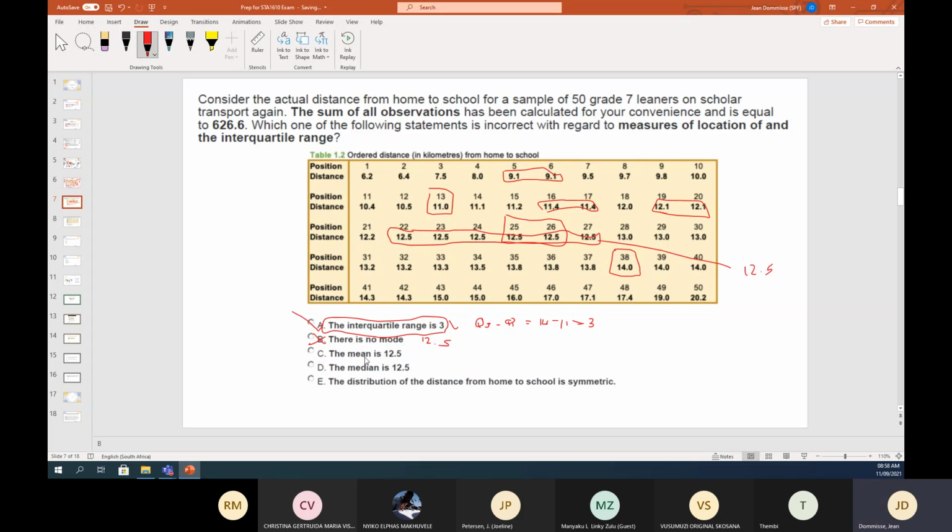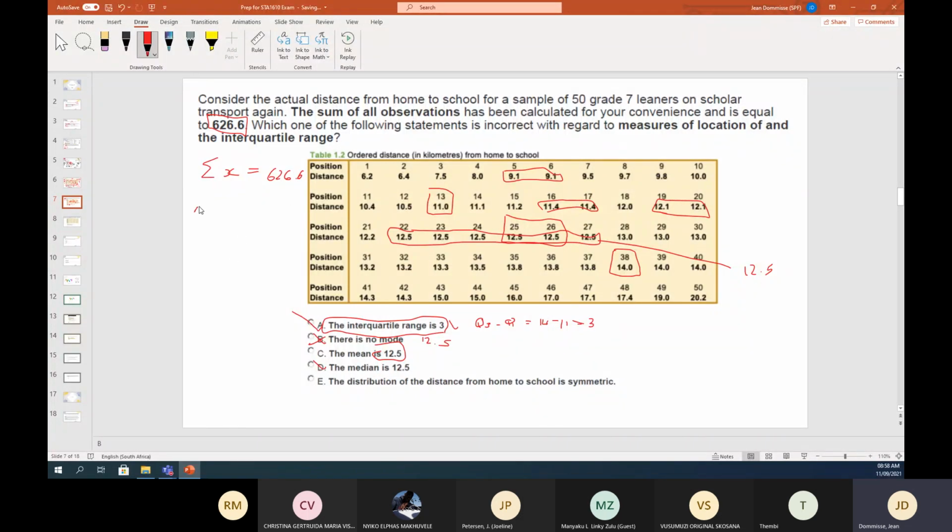Okay, the median is 12.5. We've calculated that. Okay, the mean. Do they give us the sum of all observations? Okay, so they give us that. So you don't need to go and say 6.2 plus 6.4 plus 7.5. They give us the sum of x, which is equal to 626.6.